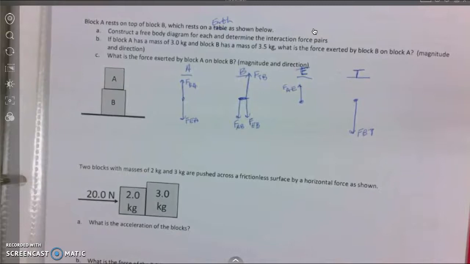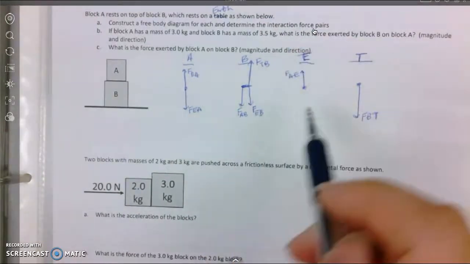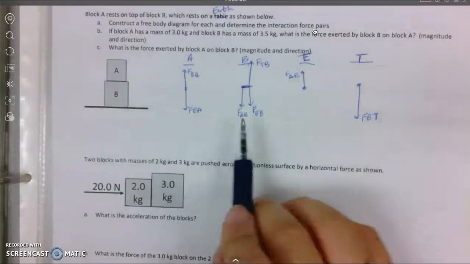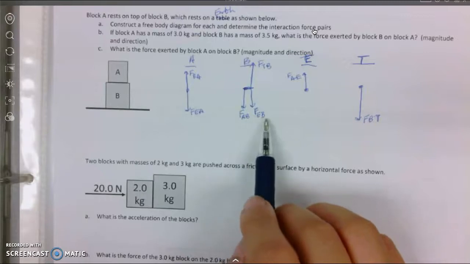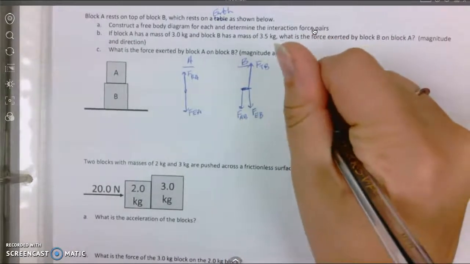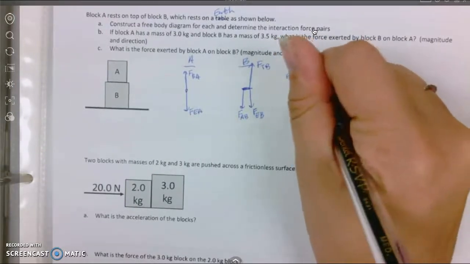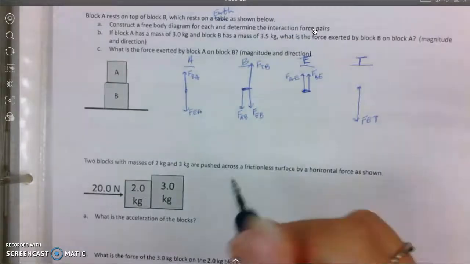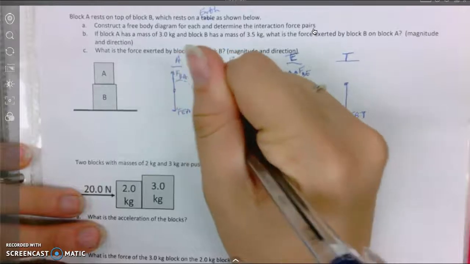Okay? Now, these are all stationary. The sum of the forces in each of these, now A and B are a system though. We're not finding the other action reactions. So we do have the force of Earth on B. We also have the force of B on the Earth. Start recognizing these. Here's the dash line.